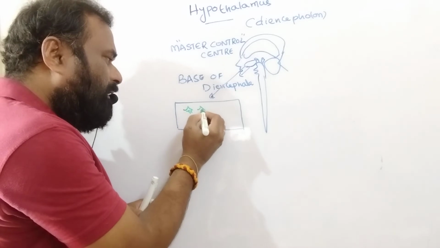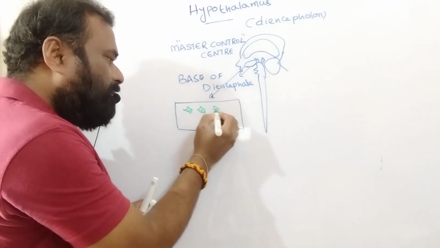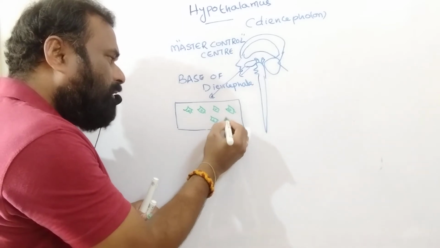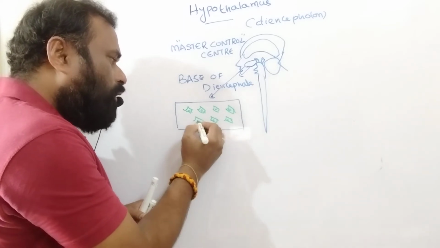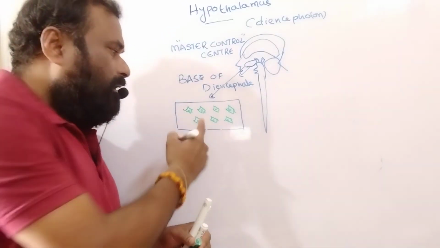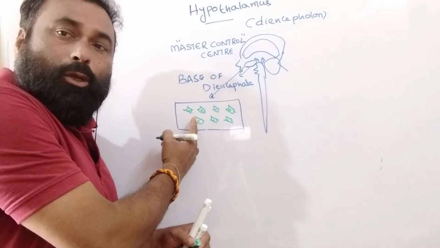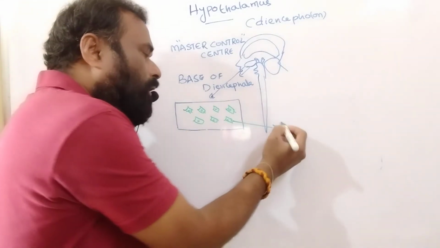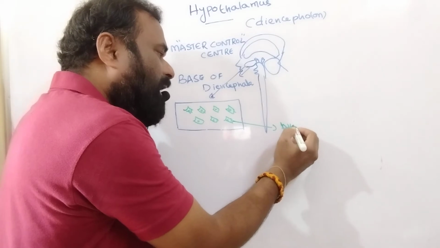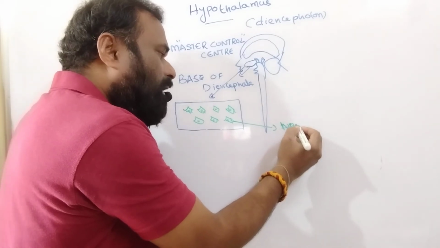Cytons present in the central nervous system. These are different types of cytons, all having more specificity. Each and every cyton group is said to be a nucleus. Neurosecretory cells, these are called the nuclei.